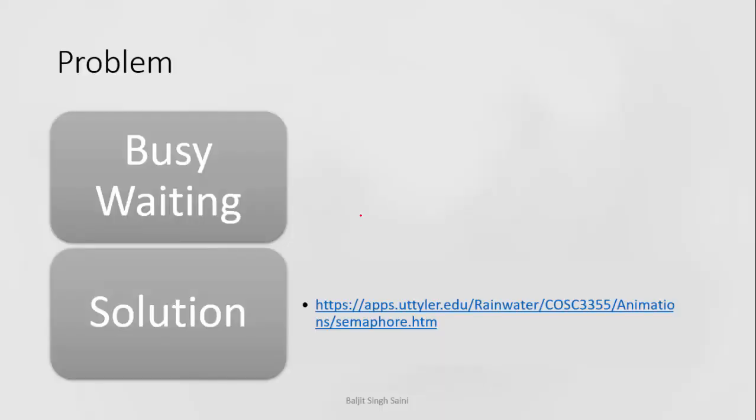What is the drawback? The drawback with using semaphores is it causes a problem called busy waiting. Now what is busy waiting? So if we go back to the example, while P1 is in the critical section, let us suppose, and P2 also wants to do so, P2 will get stuck in the wait.